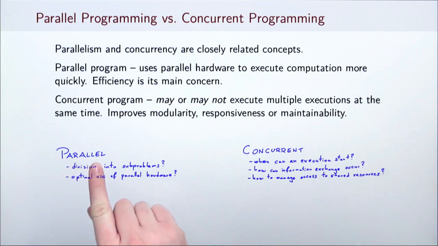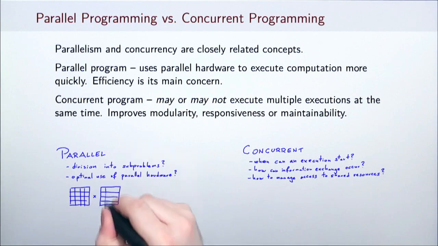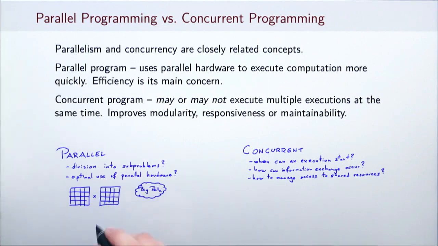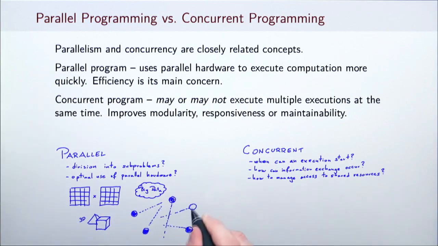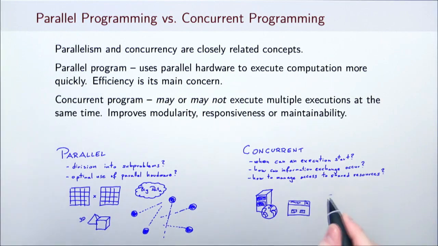So parallel programming is mainly concerned with algorithmic problems, numerical computations, or big data applications. Examples of such applications include matrix multiplication, data processing, computer graphics rendering, or simulation of fluid movement. Concurrent programming is targeted at writing asynchronous applications, such as web servers, user interfaces, or databases.